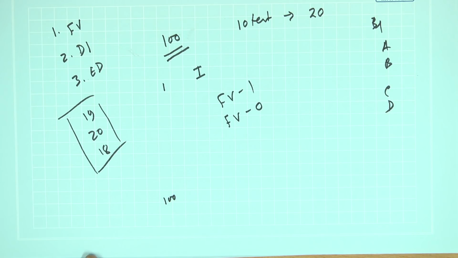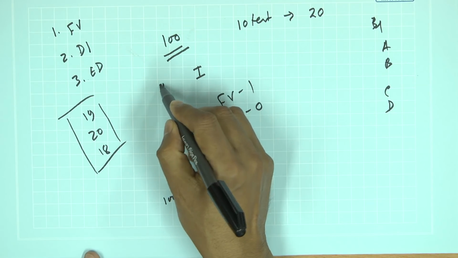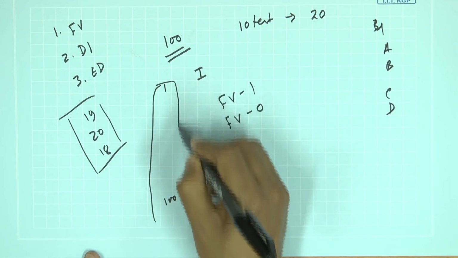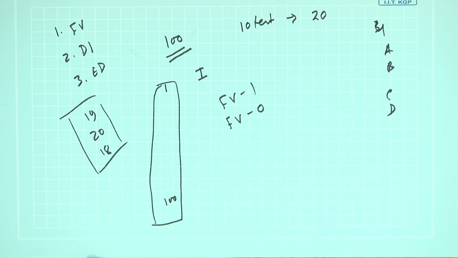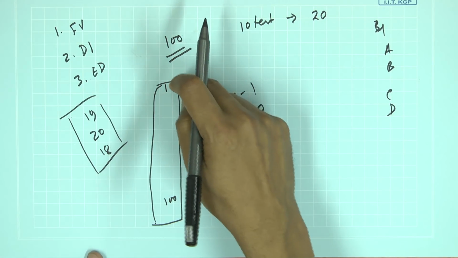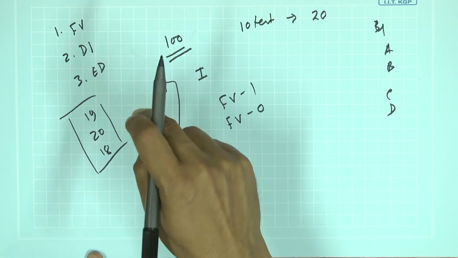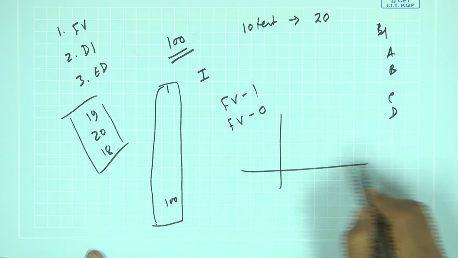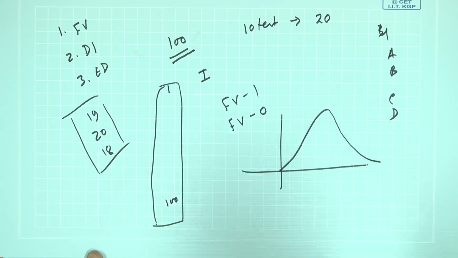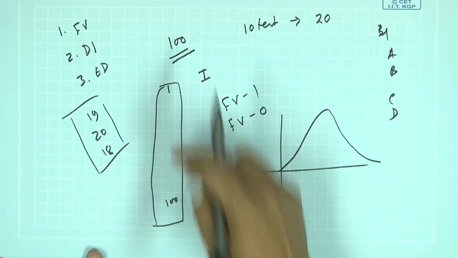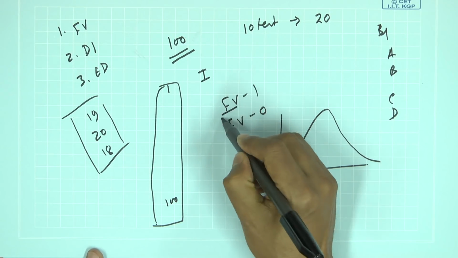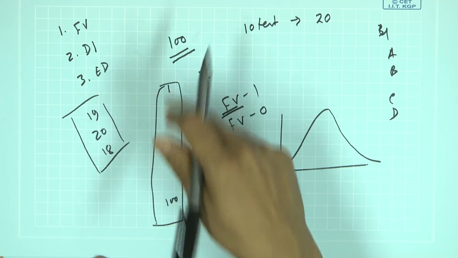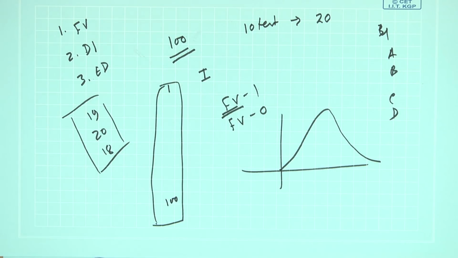Now, if you take all people together, since this is student marks distribution, it will be a Gaussian distribution. If I take all students to calculate the facilitation value, it will average out.